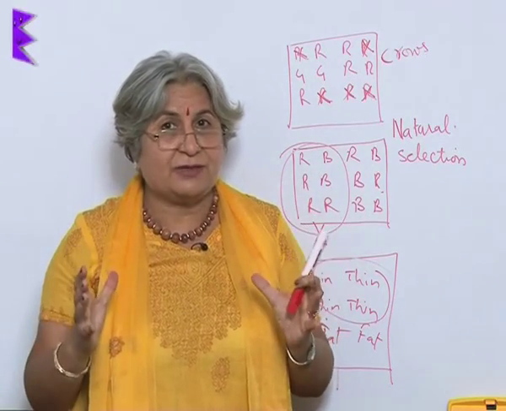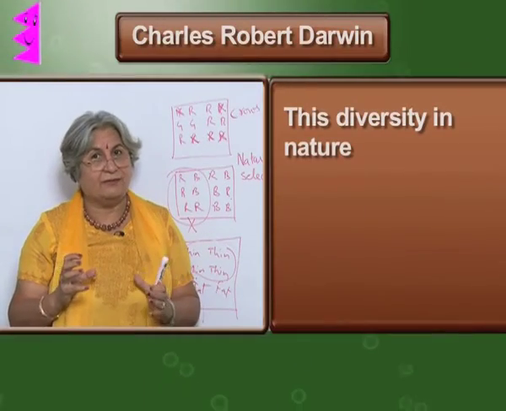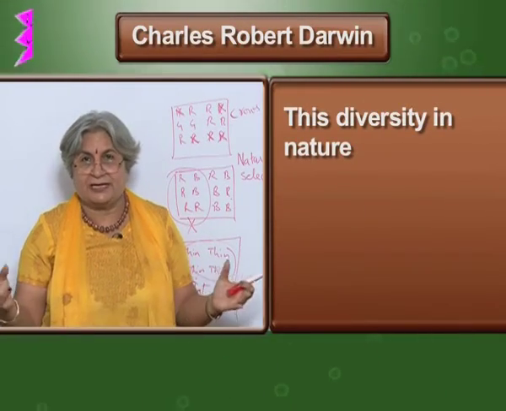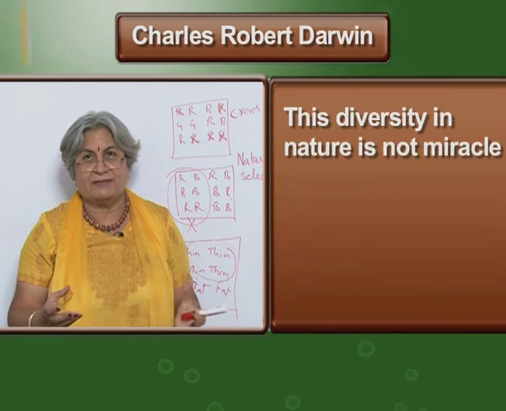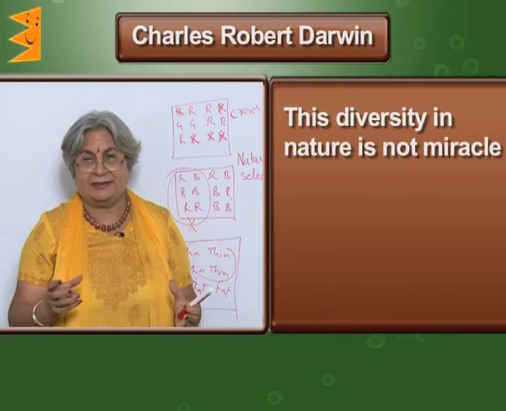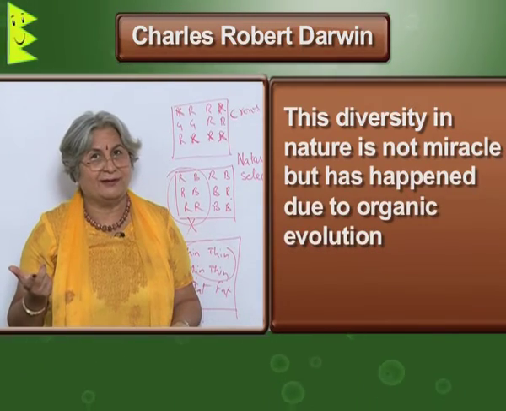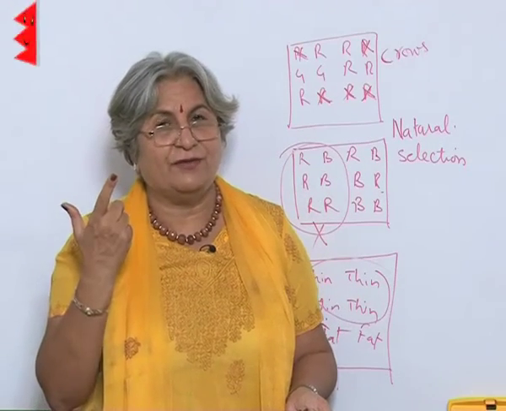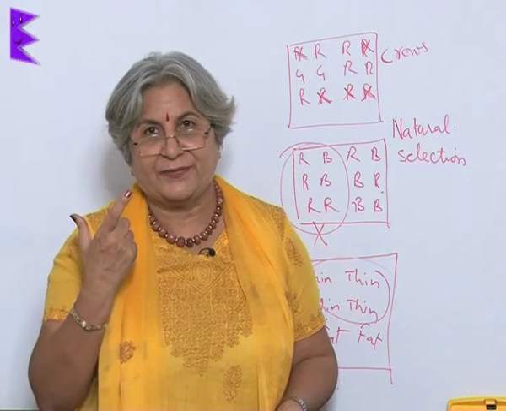But on the basis of his observations, he said that this diversity in nature is not a miracle. It is not something which has happened by design, but it has happened because of organic evolution. From there came the idea of organic evolution and natural selection.